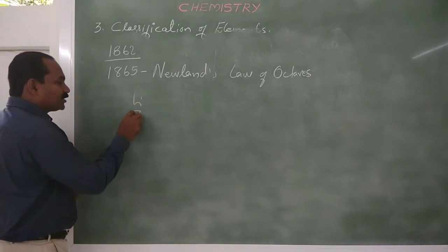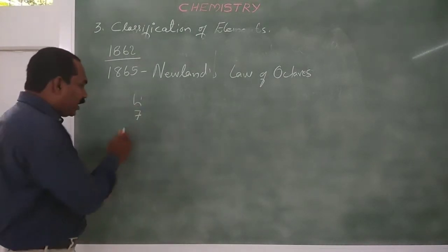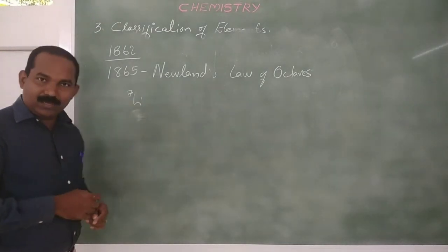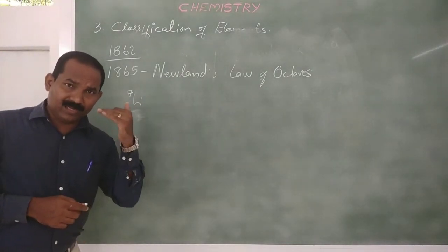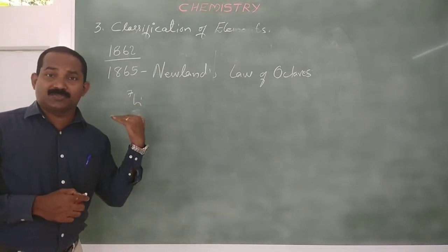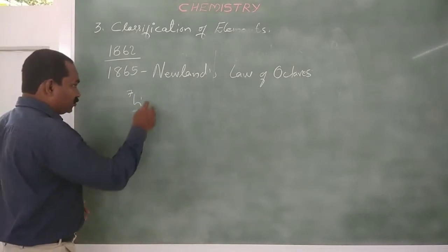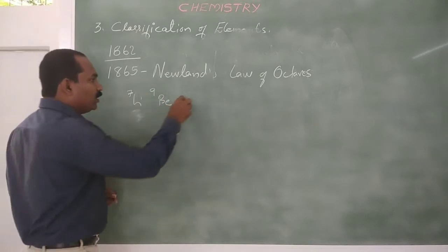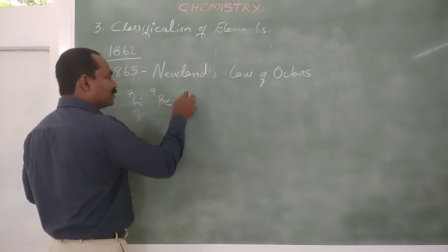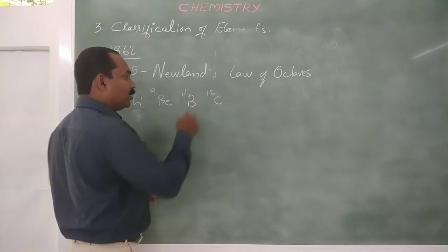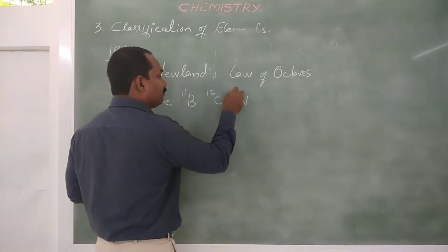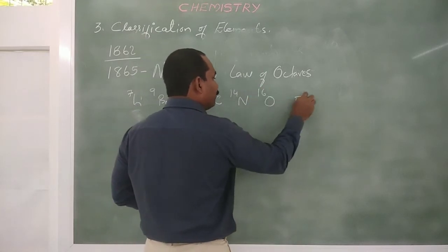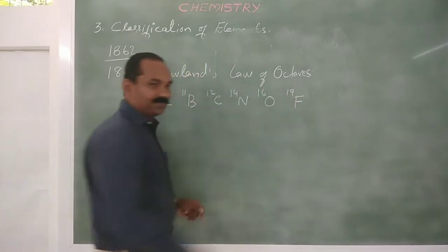Lithium, atomic mass 7. I write the atomic mass as a left superscript. Beryllium 9, boron 11, carbon 12, nitrogen 14, oxygen 16, fluorine 19.